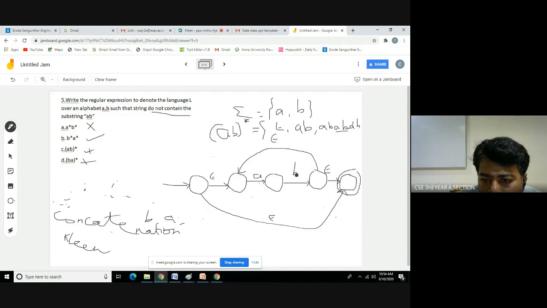Once we say concatenation, you can draw it this way. Now (BA)*. Actually, I think (BA)* is the correct answer. BA star means B followed by A. Here I put B, this is A. In this case the first string accepted is epsilon, the second string BA is accepted, and again BA is accepted.